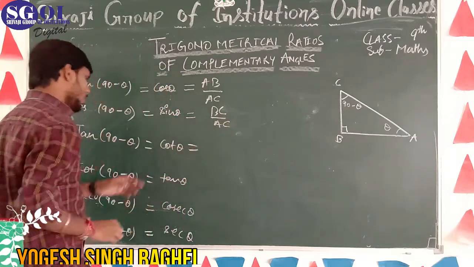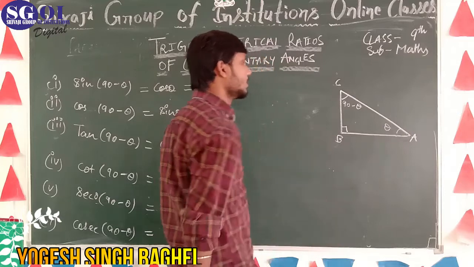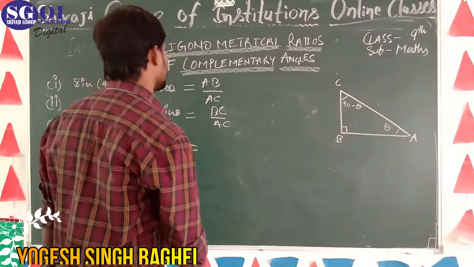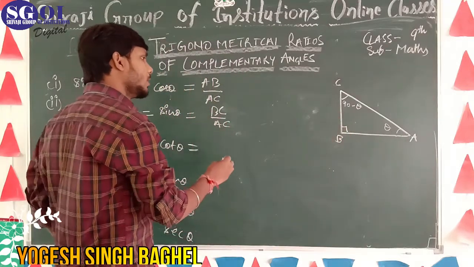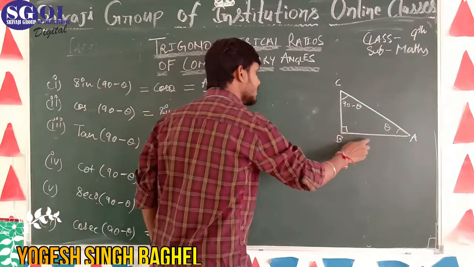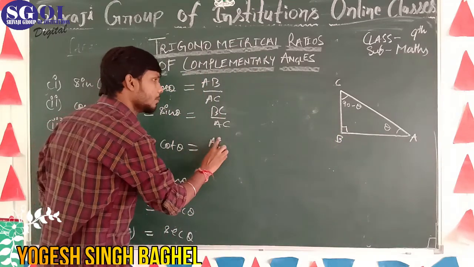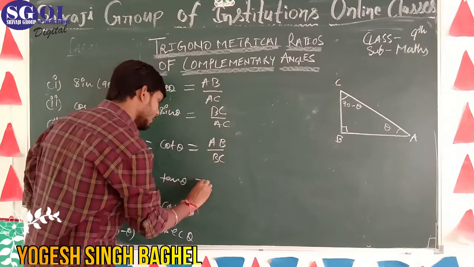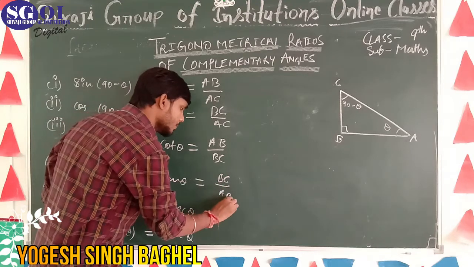Similarly, cot theta for this angle theta will be base upon perpendicular. Base is AB and perpendicular is BC, so AB upon BC. For tan theta, BC upon AB.